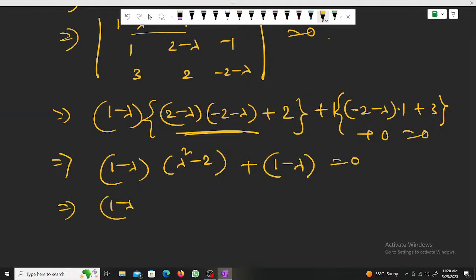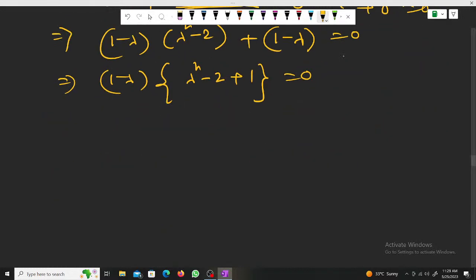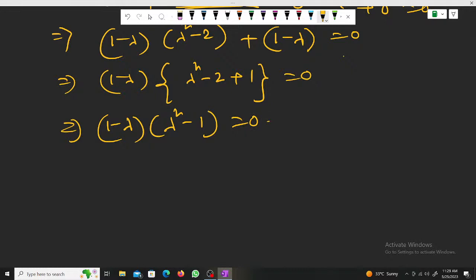Now 1 minus lambda is common, lambda square minus 2 plus 1 equals to 0. So 1 minus lambda into lambda square minus 1 equals to 0.